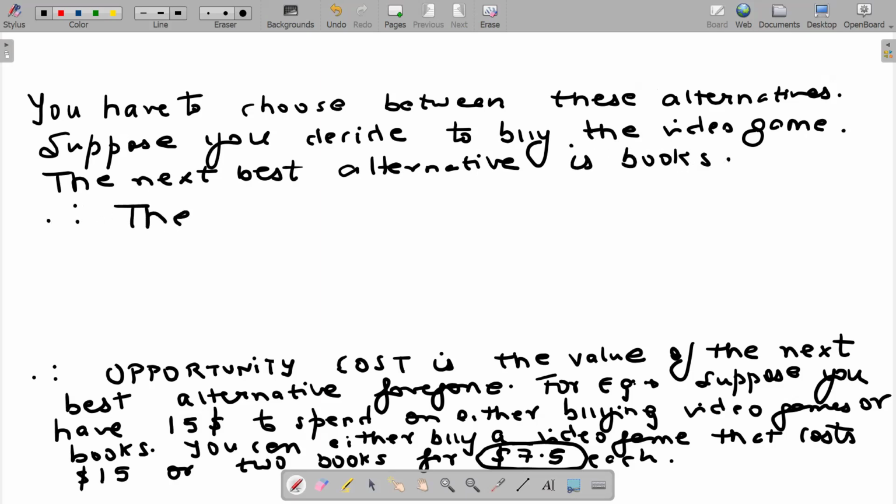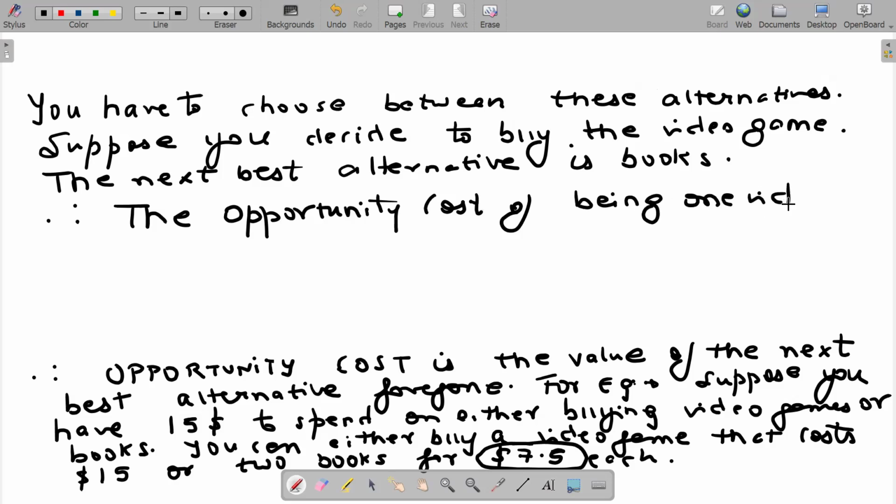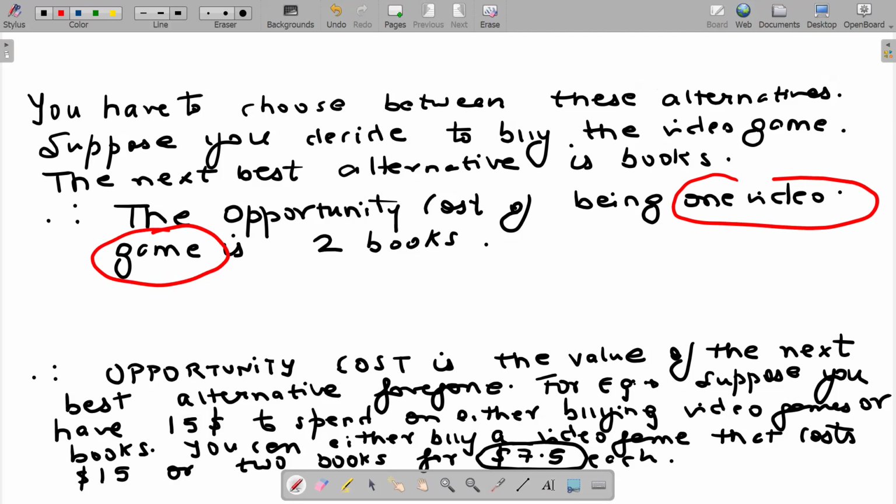Therefore, the opportunity cost of buying one video game is two books. Because if I'm spending $15 out of my pocket to buy this one video game, I could have bought these two books with those $15, but I'm sacrificing.